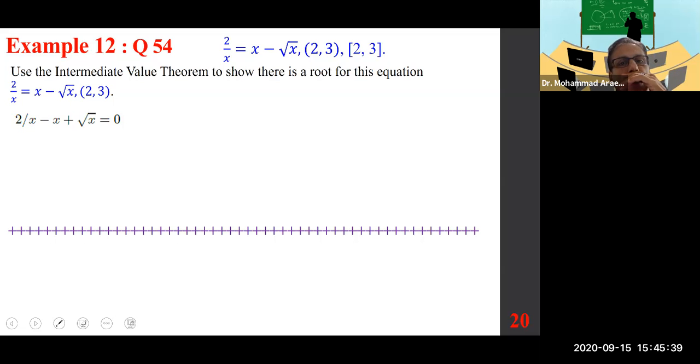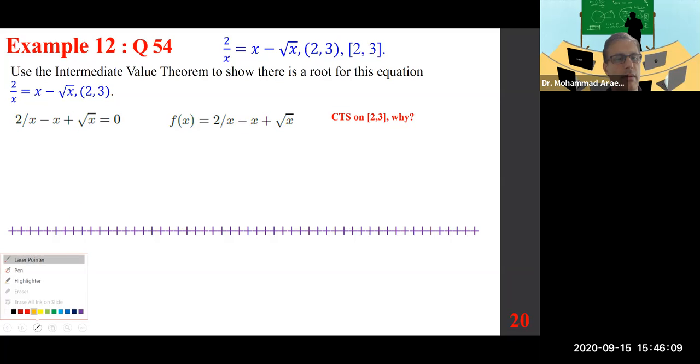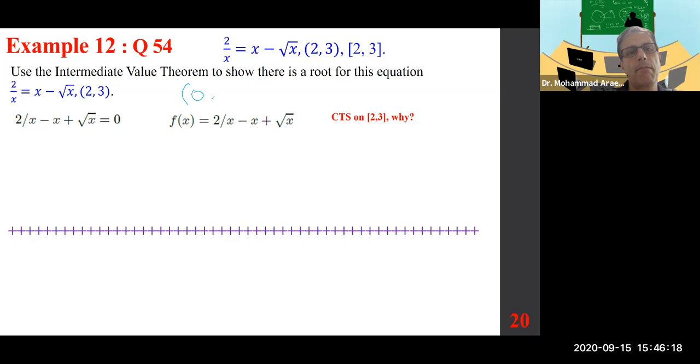Okay. Number one, this function is continuous from 2 to 3. Why is that? Let's look at the function. I hope you see the domain piece by piece. This is a combination of a rational function, a linear function, and a square root. So the domain would be 0 to infinity. Let's see why.